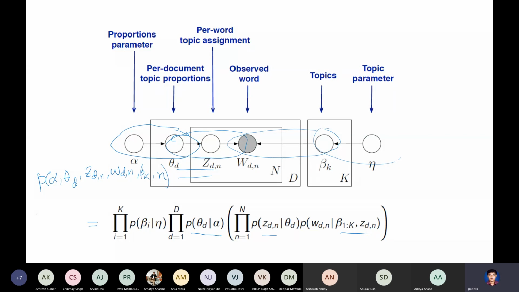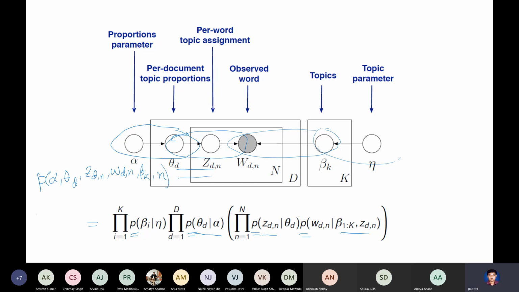We have decided the structure of our generative model. Now we have to assign some distribution to each of these probabilities, some functional form of the distribution to each of these probabilities. So you see there are 4 probabilities. So we have to assume some distributions for these 4 probabilities.